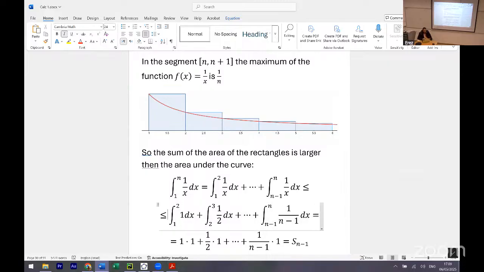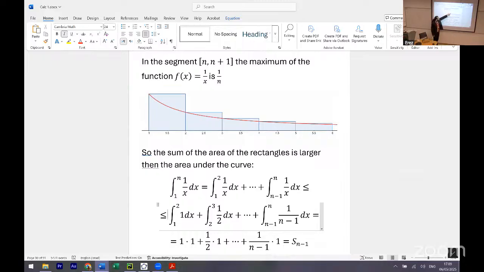So the first part is, instead of taking all of the area, I slice it up into n different areas, between 1 and 2, 2 and 3 and so on. And then what's written here is exactly what you see in the picture. The area under the curve is smaller than the area of the bounding rectangle, which is simply the integral of 1 over the height.